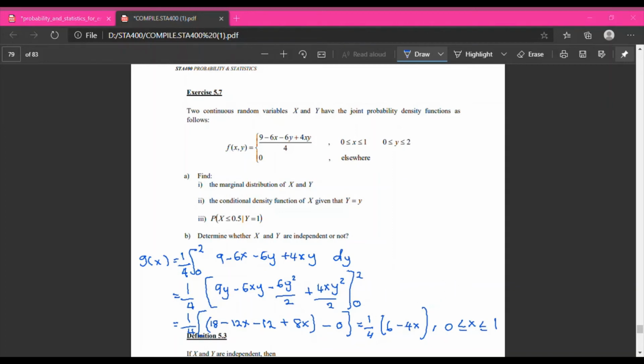Is it true? Okay, correct? So integrate as usual. Integrate the function. So it will be 1 over 2 times (3x minus 2x squared divided by 2), and replace with 0 and 0.5.